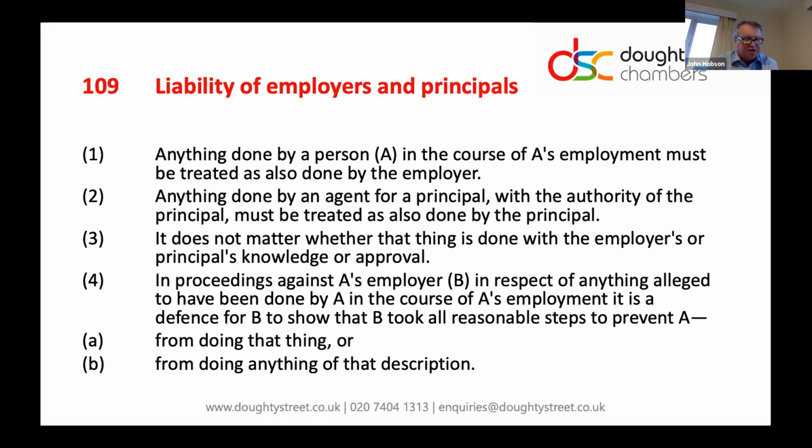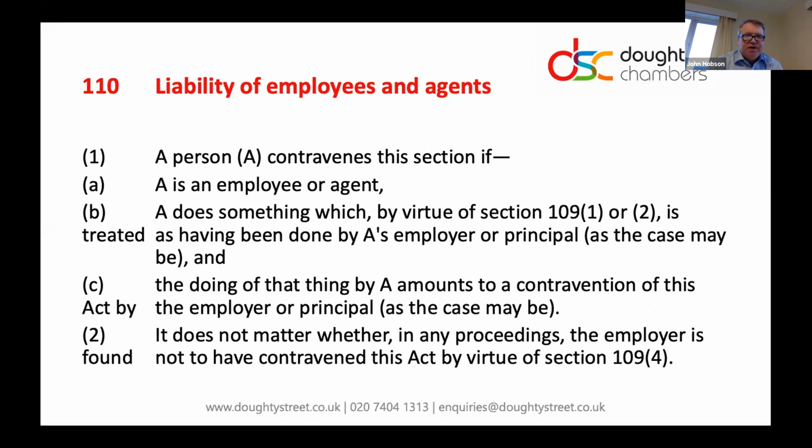And so the example in the explanatory notes within the Act is that if an agent goes on behalf of a landlord to collect rent and is racially abusive, then it may well be that there is a claim and liability lands against the employer, as well indeed as the agent, because the liability of an employee or agent is set out in 110.